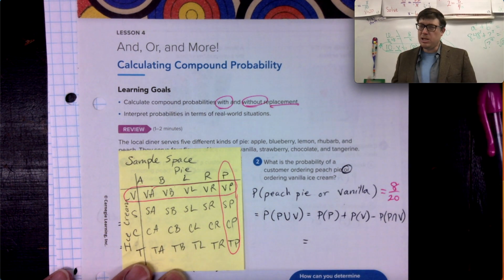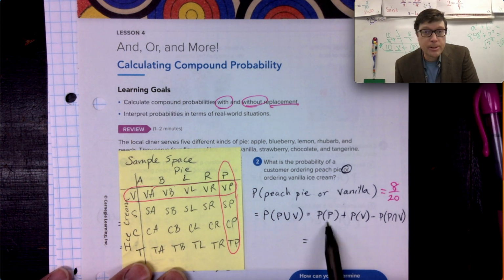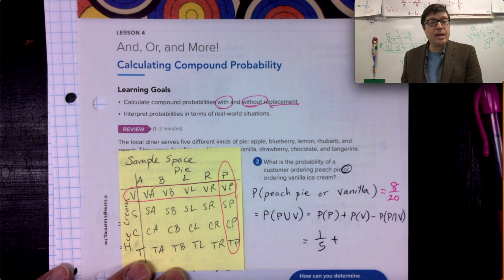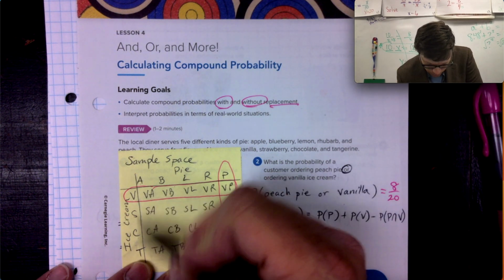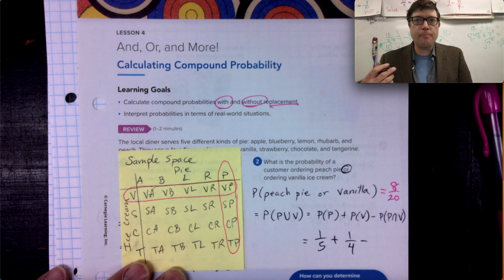But there is a formula way of thinking about it. And the formula way of thinking about the word or, look at the last lesson, I think it was lesson 3, is that you find the probability of peach, so 1/5, plus the probability of vanilla, 1/4. And then we're going to take away the probability of both.